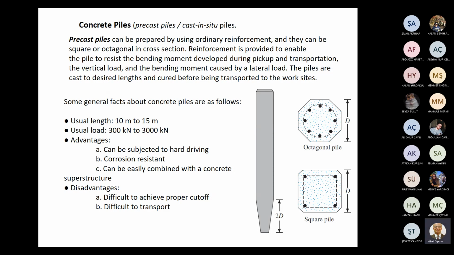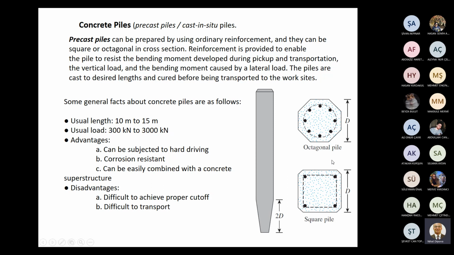They are precast piles, in other words, as opposed to cast in situ piles. Precast piles can be prepared by using ordinary reinforcement, and they can be square or octagonal in cross section.